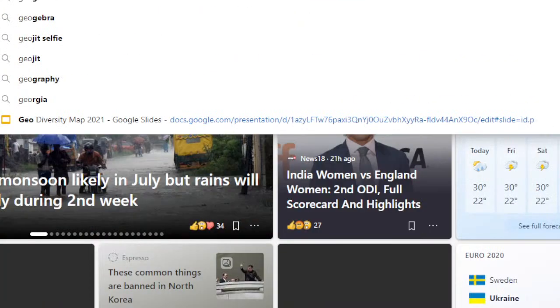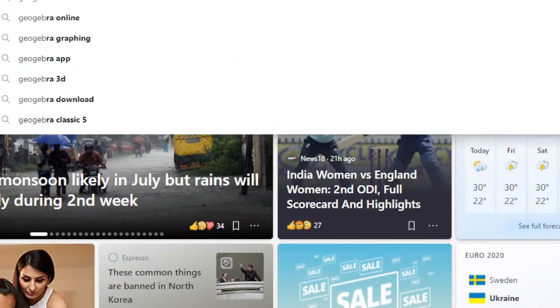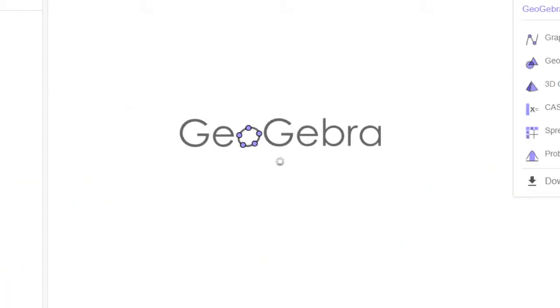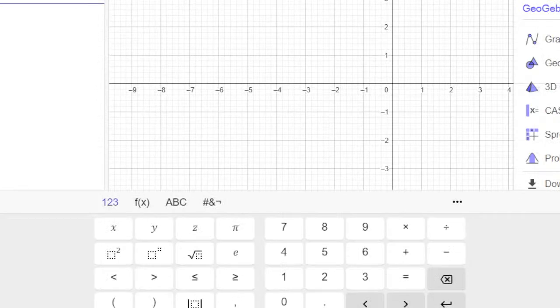Can you open GeoGebra then? I have a hunch regarding D dash E dash. I'll just check if that happens. Open GeoGebra. Yeah, it's opened.